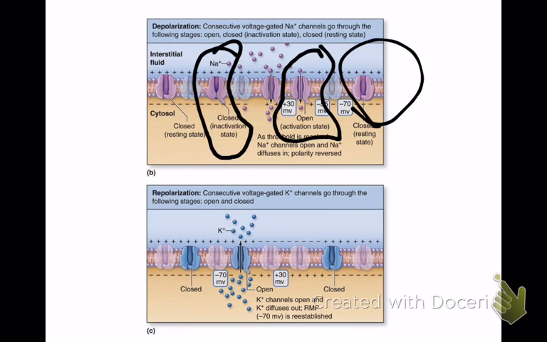Does that make sense? If I close either one of the gates, the sodium stops flowing. But only one of the gates can be triggered to open. The other one kind of runs automatically. Okay, so if it's in its resting state, then I can trigger it to open. When it opens, both gates are open and sodium flows and we're in depolarization.